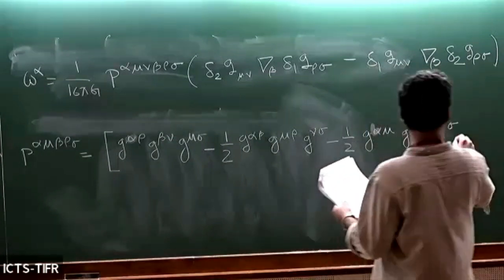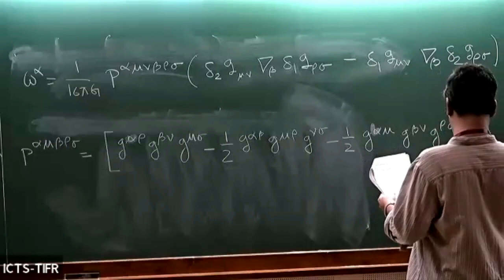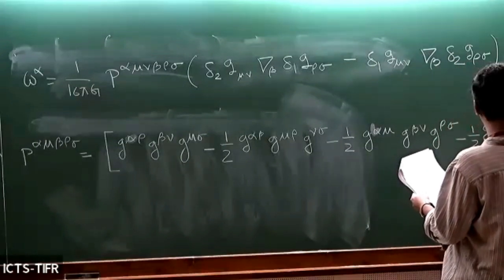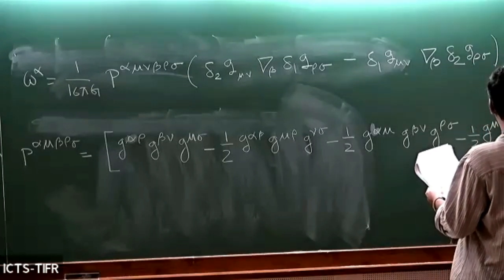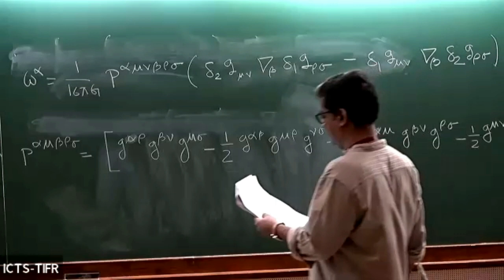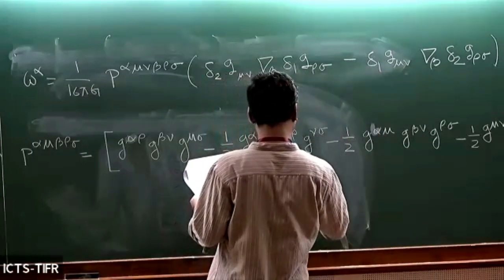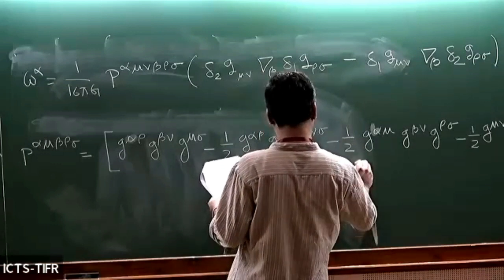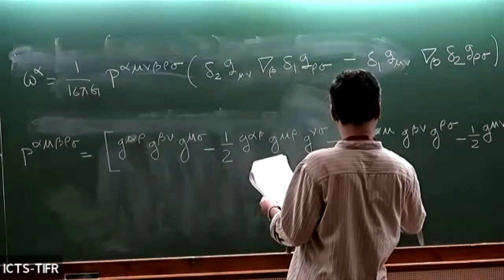It's not very illuminating, except you may figure out what the symmetries of this object are. G alpha rho, G beta sigma, okay? And the last term, half G mu nu, G alpha beta, G rho sigma.